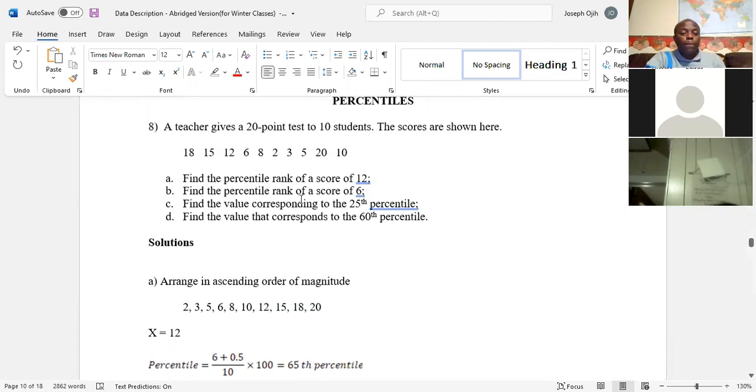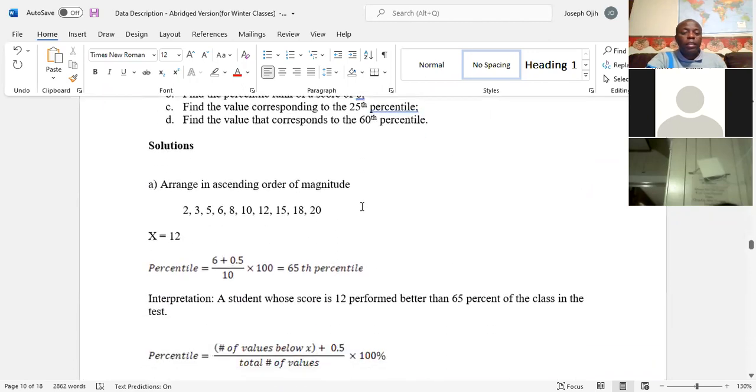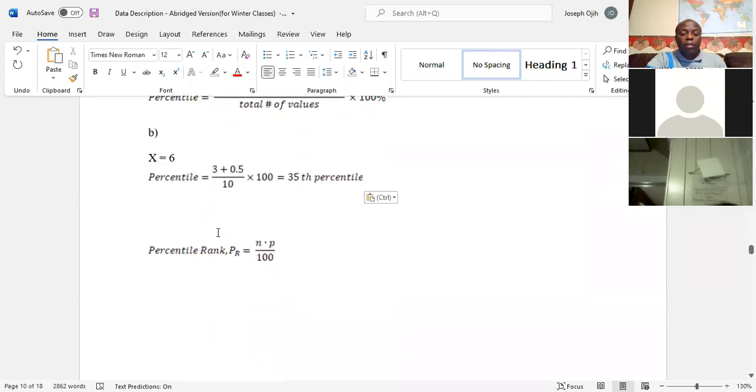The other one is, find the value that corresponds to the 25th percentile. In that case, that's where you use this formula here. The location number should be PL, percentile location number.